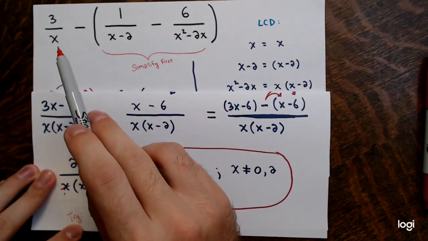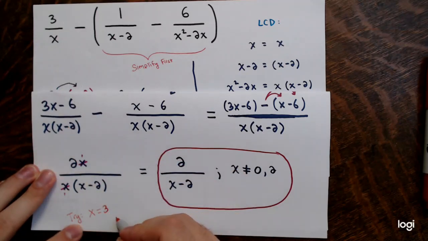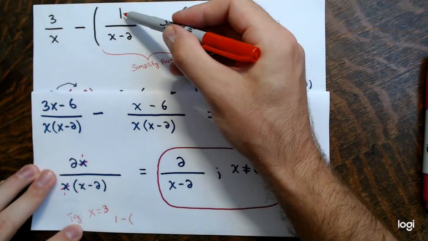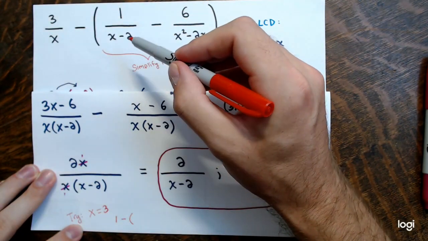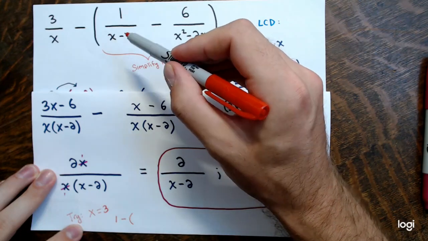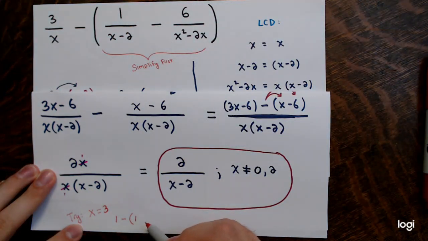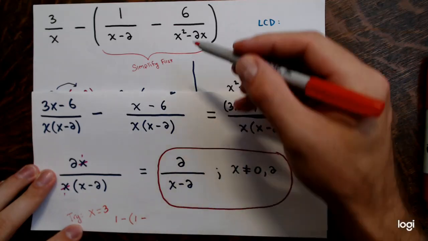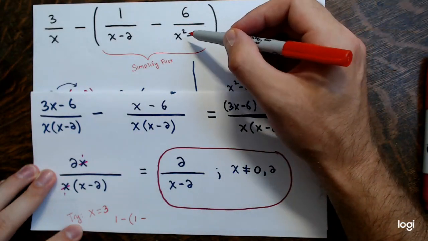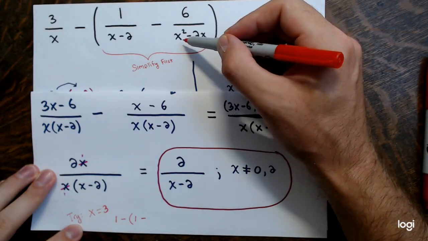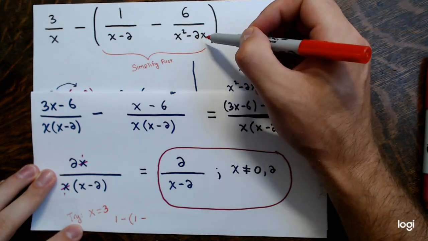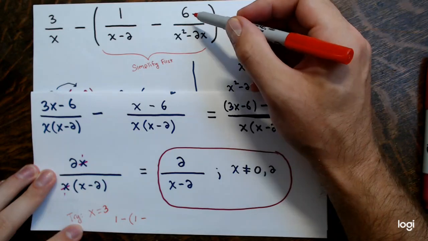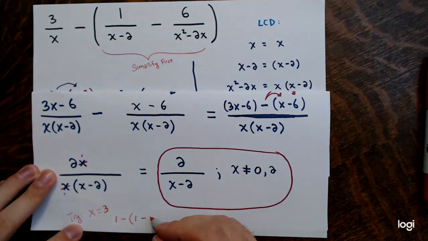I'd have 3 divided by 3, which is 1, minus, and then the quantity, 1 divided by, x is replaced by 3, right? 3 minus 2 in the denominator would be 1. 1 divided by 1 is 1. And then minus 6 divided by 9, right? 3 squared minus 6. 9 minus 6 would be 3. 6 divided by 3 is 2.